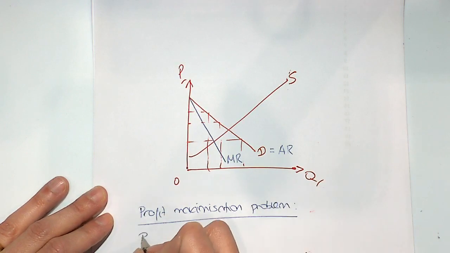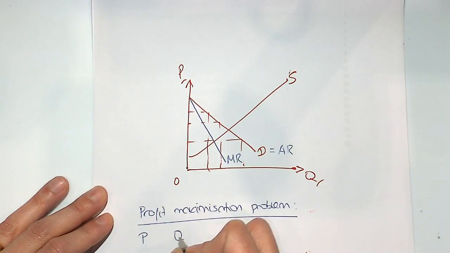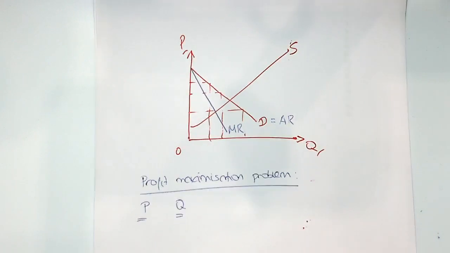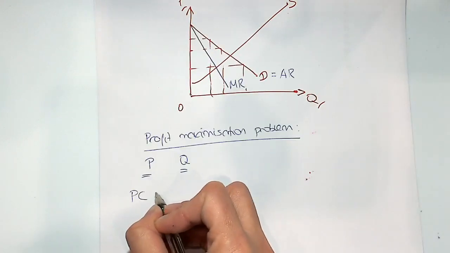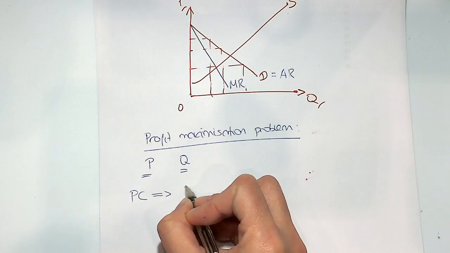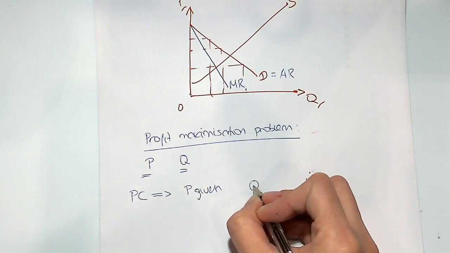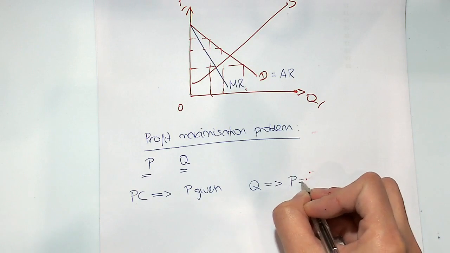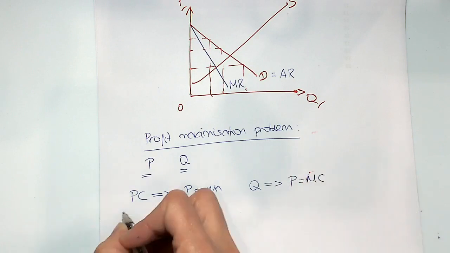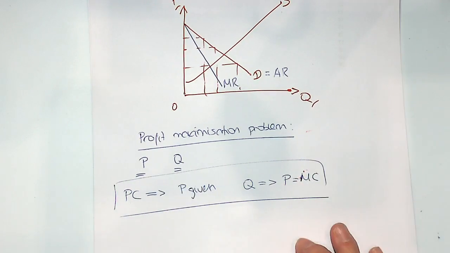One is to decide the price, and the other one is to decide the quantity. In the case of perfect competition, the price is given, and the quantity is going to be decided where the price equals marginal cost. That's the profit maximization problem for a firm in perfect competition.